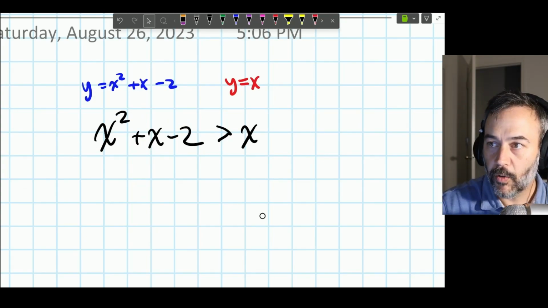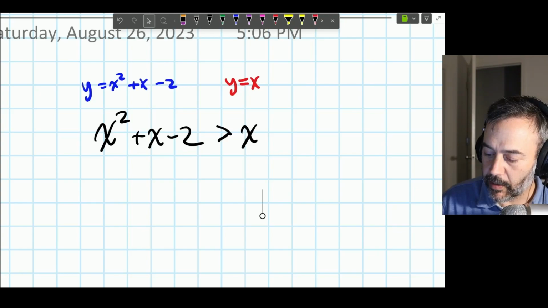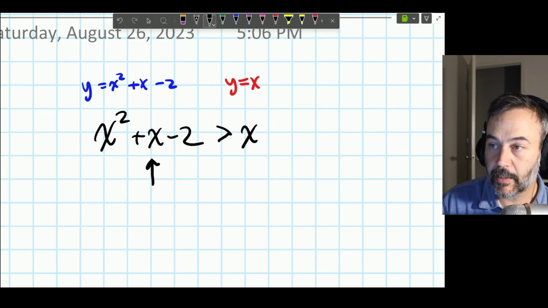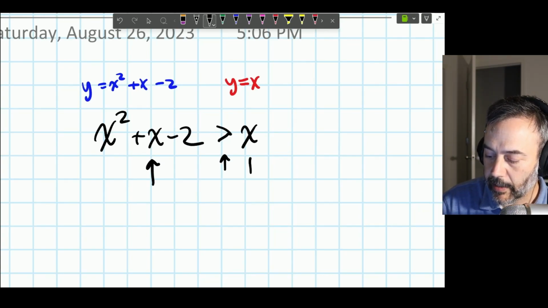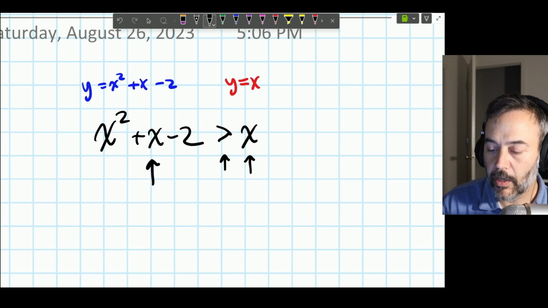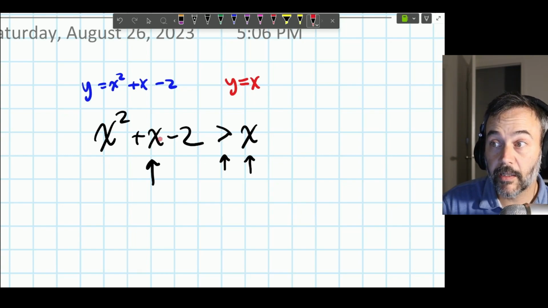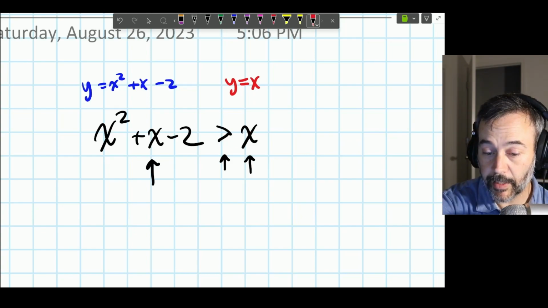Okay, so you'll notice that what I want is to know when the quadratic, the blue graph, is greater than x, the red graph. Another way to think of it is when is the parabola above the line.